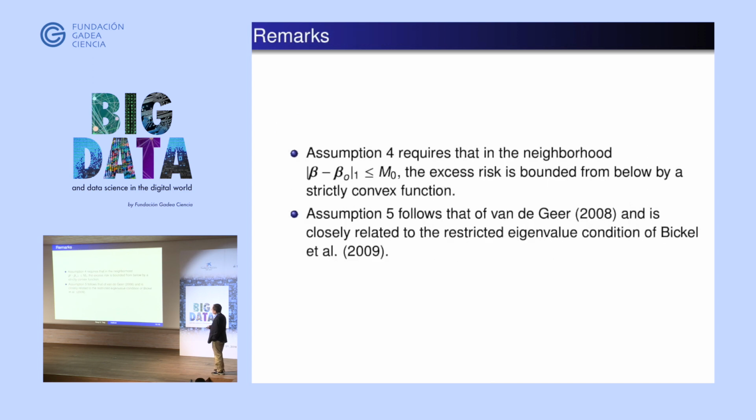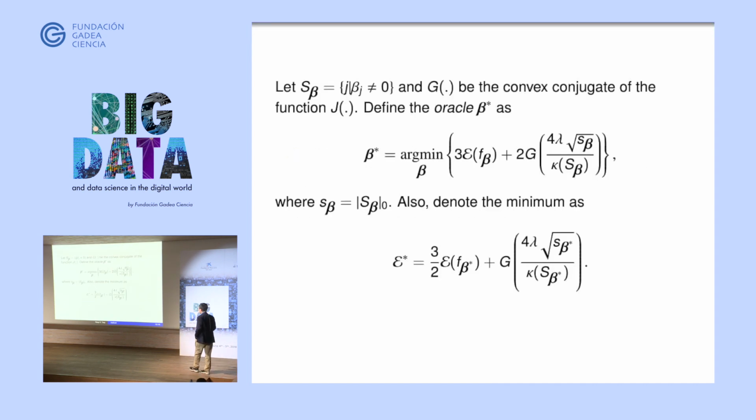This basically restricts the eigenvalue condition, which you need to develop asymptotic results for lasso type regression.